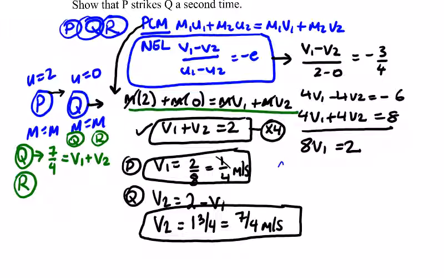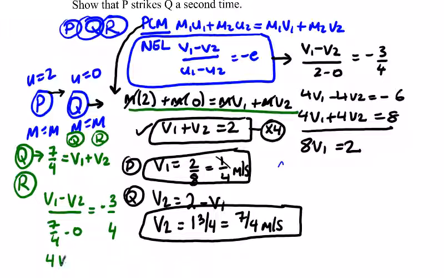And then for my Newton's experimental law, I have v1 minus v2 on top, over 7 over 4 minus 0, is equal to the same e, minus 3 over 4.